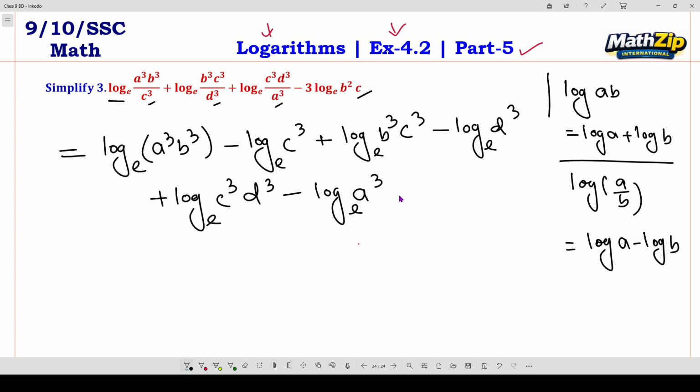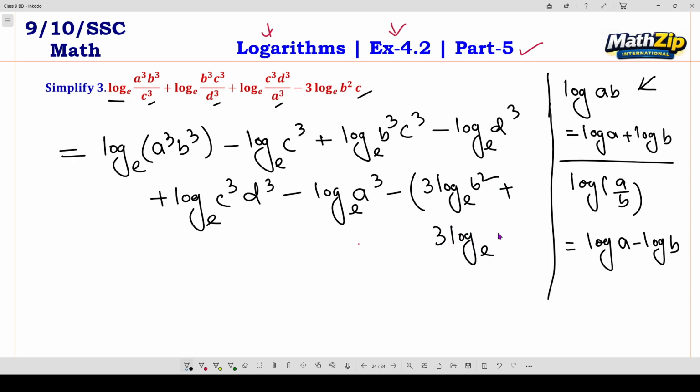And here it is also the same thing, like log ab, it means 3 log base e of b square plus 3 log base e of c. Okay, so the first step is done.